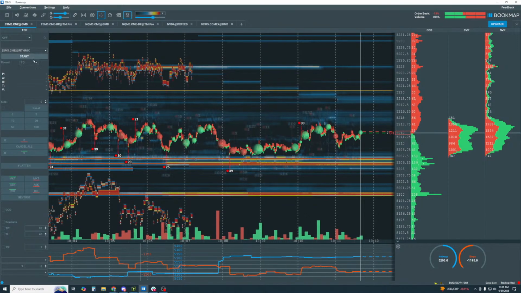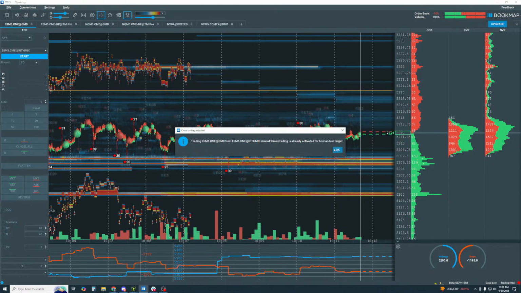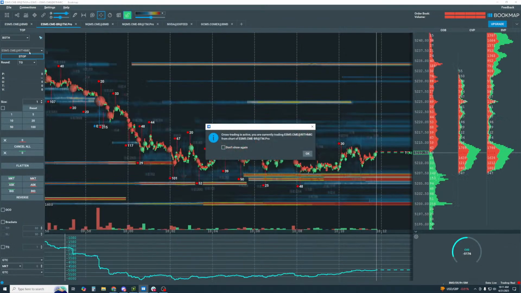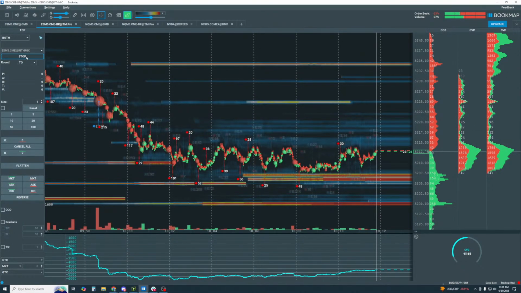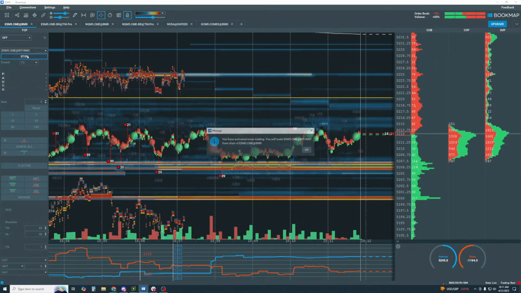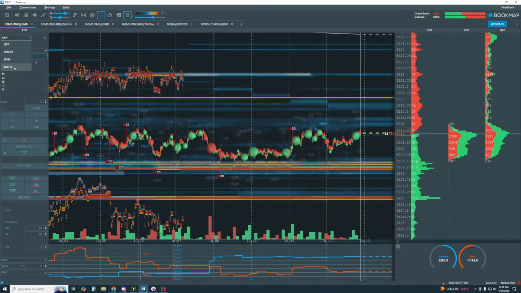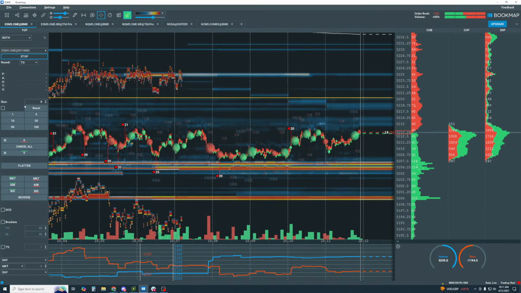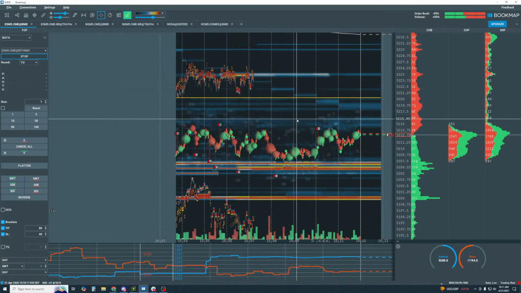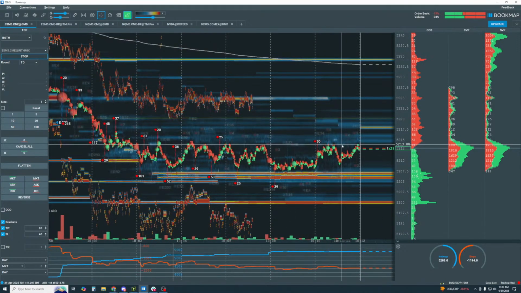I'm going to show you and I'll demo our multi-account tool as well. I guess I can't. I've got to stop it here. Okay, there's a bracket. All right, so here we go.